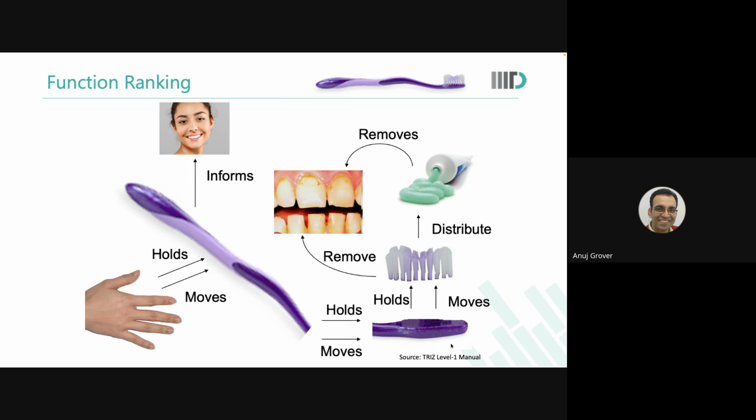So if you try to make the function model around it, see what functions are happening between different components. The hand holds the handle and moves the handle. The handle holds and moves the head. The head holds and moves the bristles.